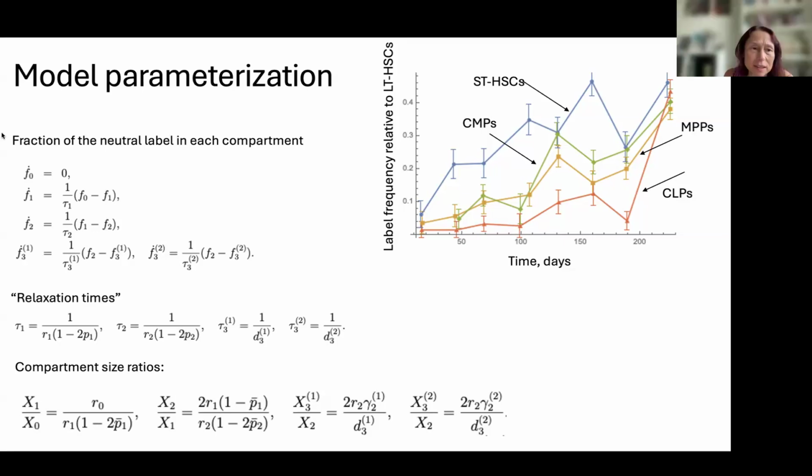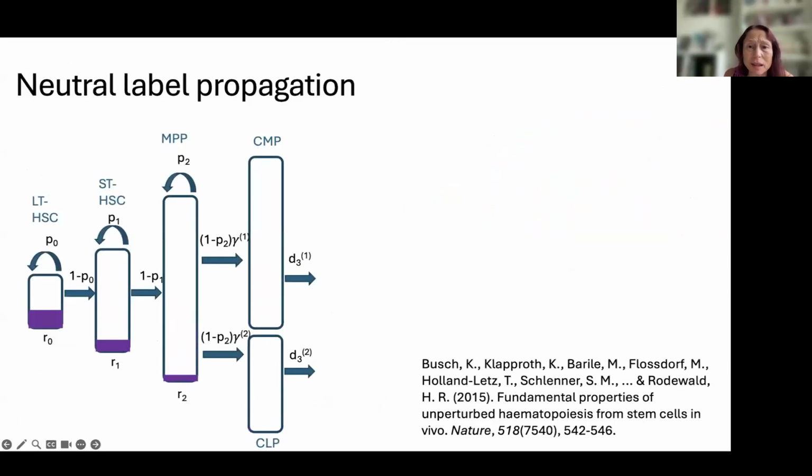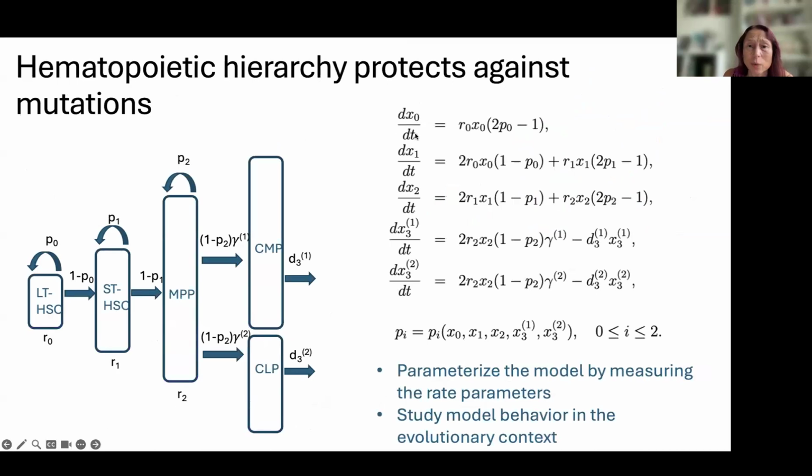Yes, so the hierarchy is reflected in the subscript in the equations. So 0 corresponds to the most upstream compartment, 1 to the next one, 2 to this one, and we have 3, 2 of them, and they're labeled as 1 and 2 because it stops being linear and it branches or splits into 2.